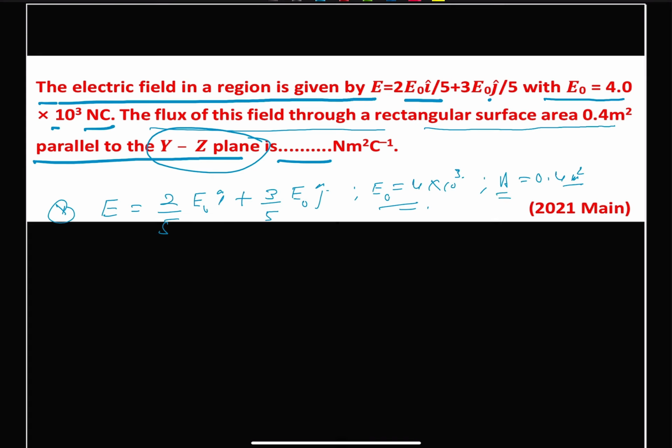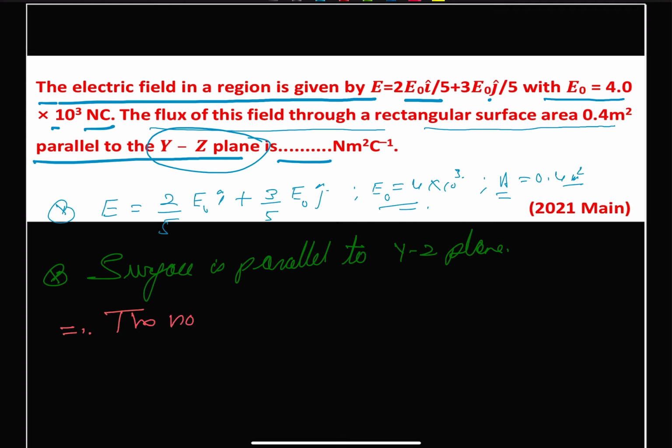We are given that the surface is parallel to the YZ plane. Therefore, the normal unit vector n to this surface is along the x-axis.